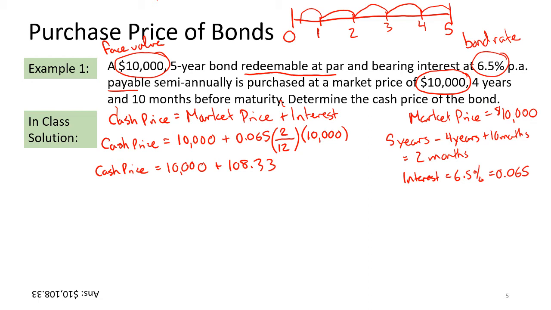So if you were to try and sell the bond right now, you would sell it for $10,000 plus that interest that you've earned. In other words, $10,108.33. Because remember, that bond is worth a little more now because you've earned interest. Again, you haven't earned it over the entirety of the bond period, the 5 years. So that's why you do just a partial interest calculation. Okay?